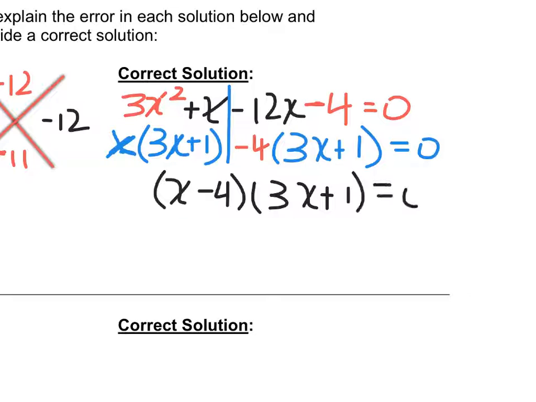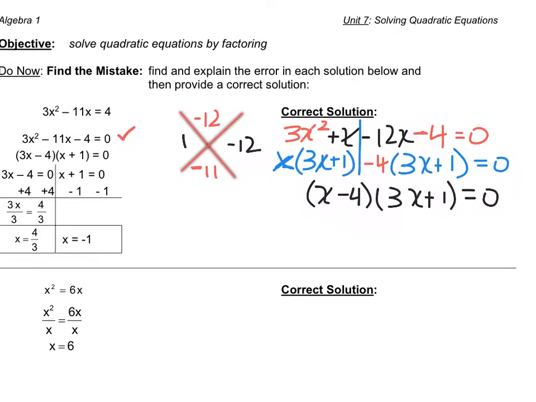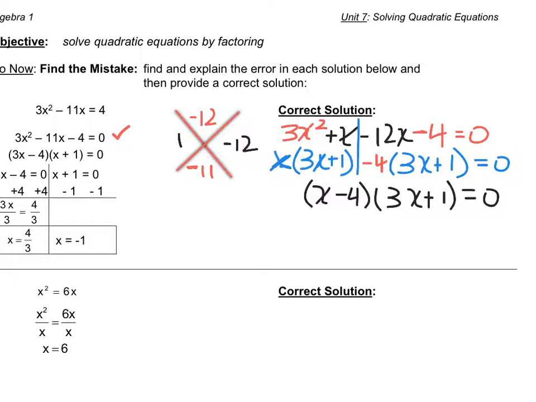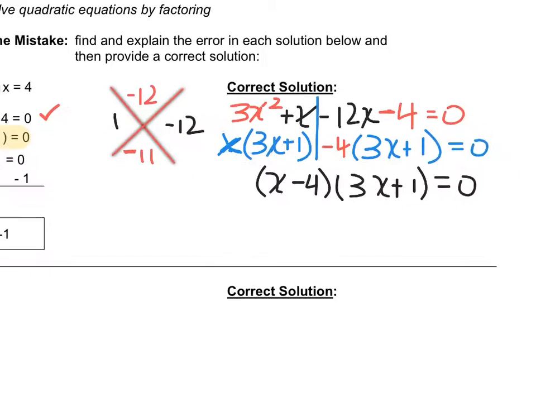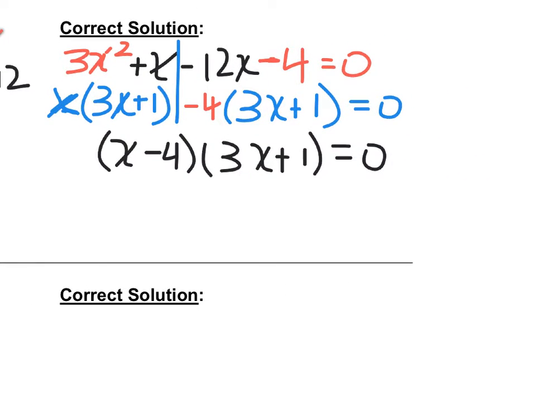It actually wasn't terribly off from what they said, but they definitely got the signs wrong. So the error happened right here, and that seems to be what botched everything that came after it. What we can do is carry out the remainder of the process, set each of those factors equal to 0.